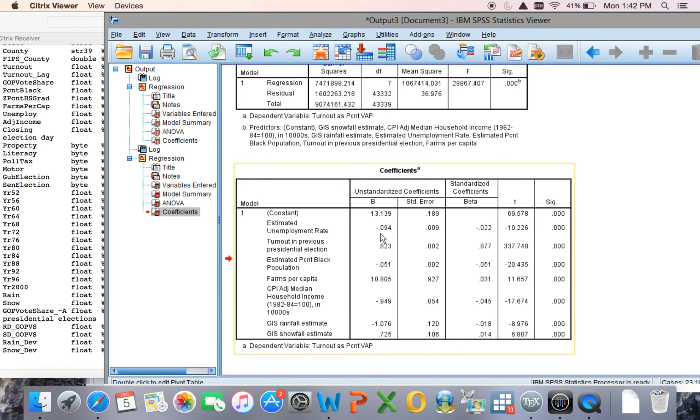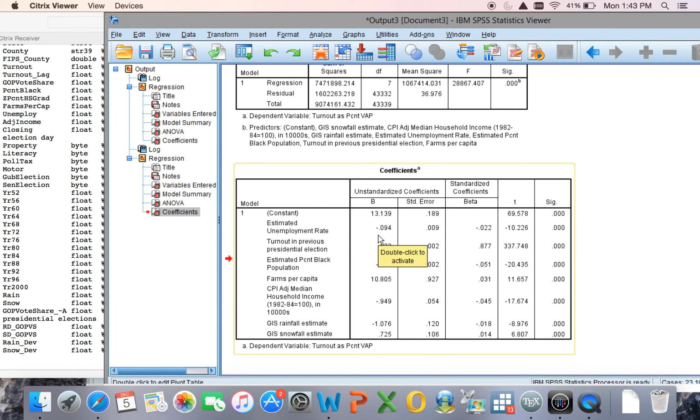Essentially, ceteris paribus is saying that once we control for or take into consideration turnout in previous presidential election, percent black population, farms per capita, median household income, rainfall and snowfall, the average effect of a 1 unit increase in the unemployment rate is a 0.09 unit decrease in turnout.